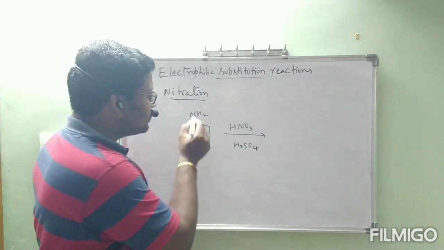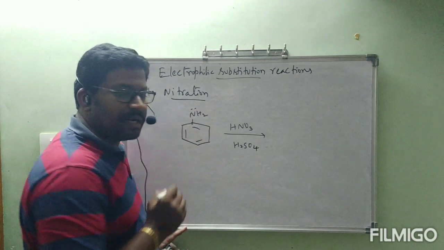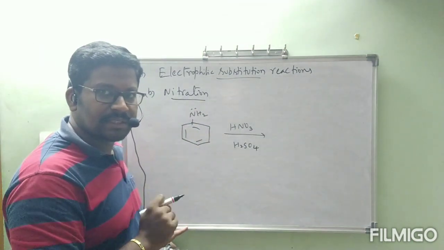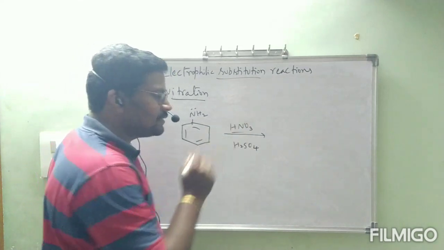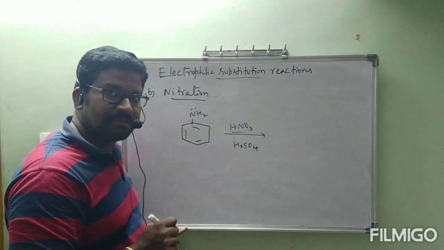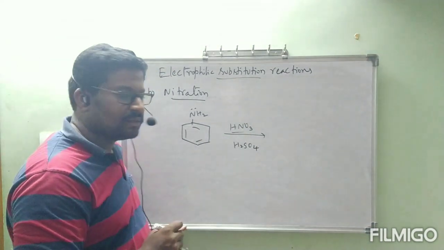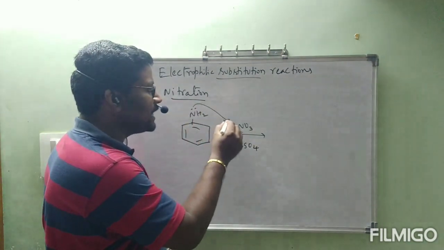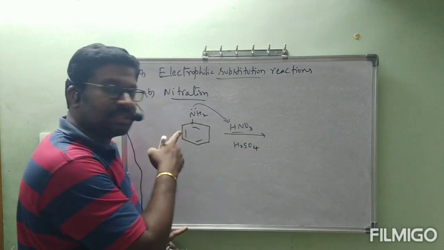Because this nitrogen contains a lone pair of electrons, which behaves like a Lewis base. HNO3 is able to donate H plus ion, so it is an acid. Immediately this lone pair of electrons will be donated to this H plus, because this is acid and this is base.